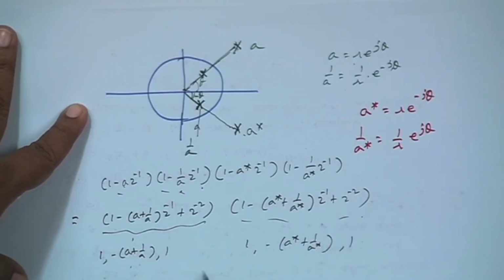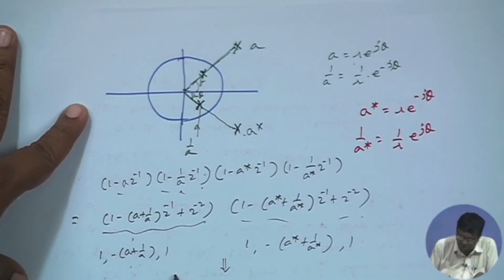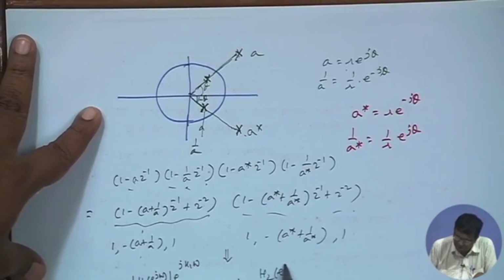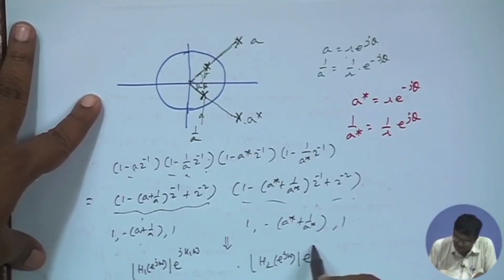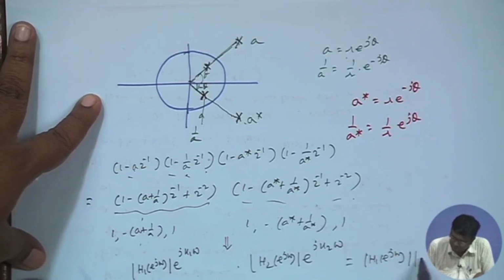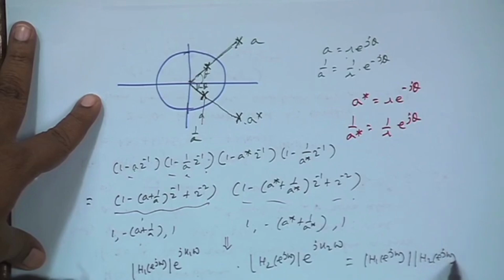In the DTFT domain, this might give rise to some H1 of e to the power j omega, which will have a magnitude part and a phase that is some constant k1 times omega, and this will give rise to H2 of e to the power j omega, which will have a magnitude part and phase some k2 times omega. If you multiply the two, because they are cascaded, the magnitude will be the product of the two, and the phase will be added.